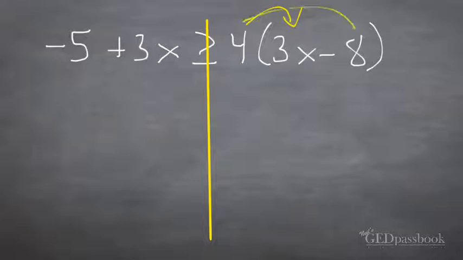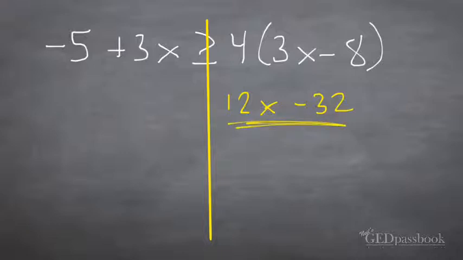Distribute. 4 times 3x is what? That's correct. 4 times negative 8. What is it? Negative 32. Okay, this part, could it be simplified any more?